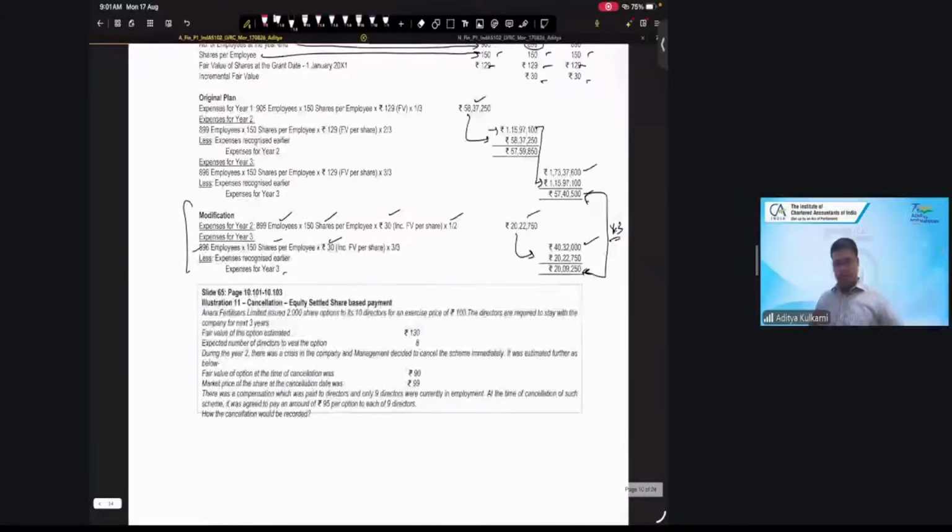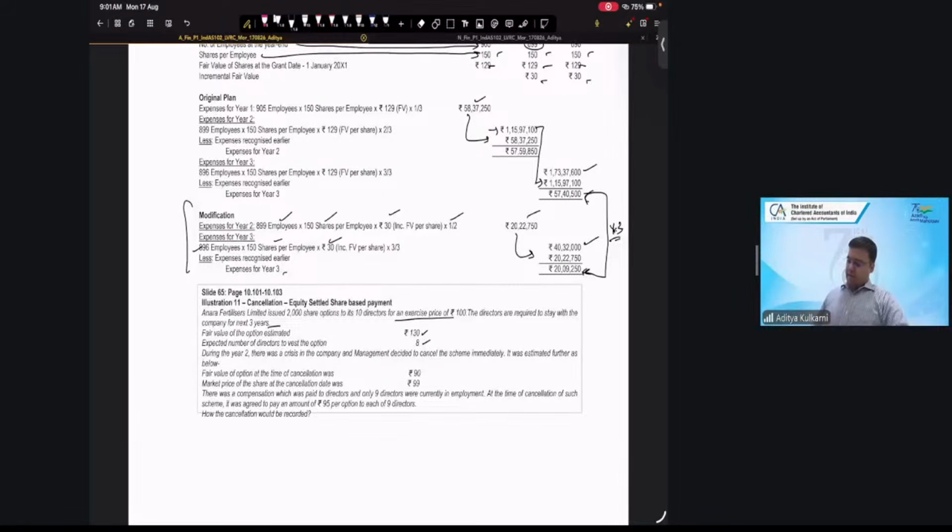Cancellation. Anara Fertilizers issued 2,000 share options to its 10 directors for an exercise price of 100. The directors are required to stay with the company for the next 3 years. Fair value of the option is estimated at 130. Expected directors to vest the option is 8. During year 2, there was a crisis and management decided to cancel the scheme immediately.